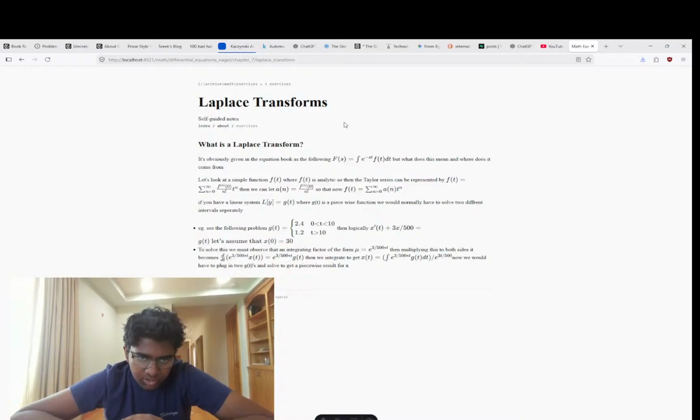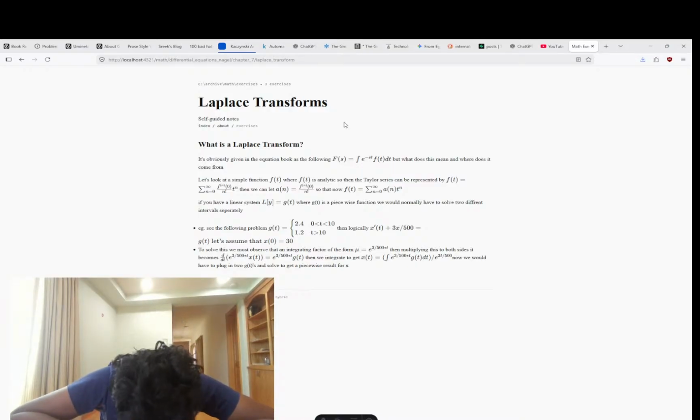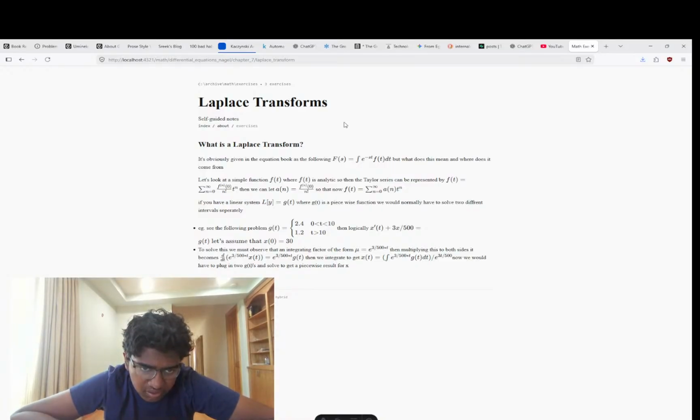So t is the variable, and n is the discrete index.